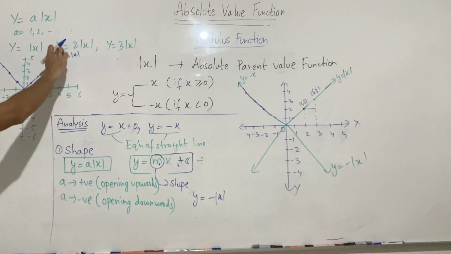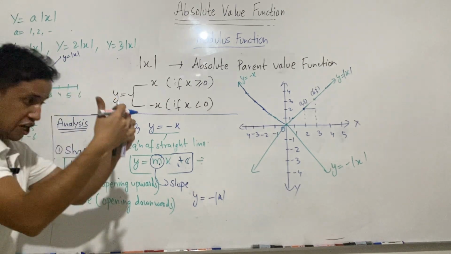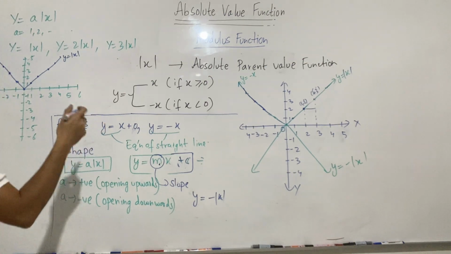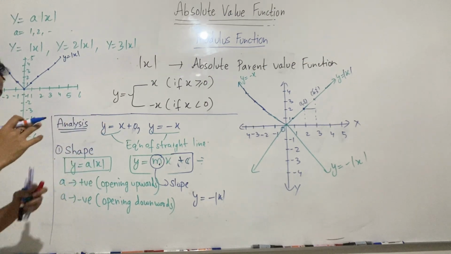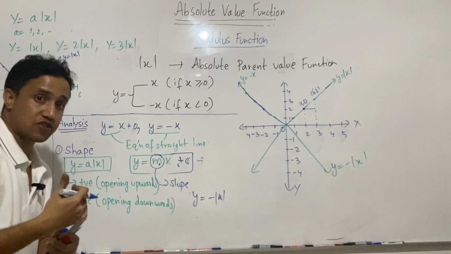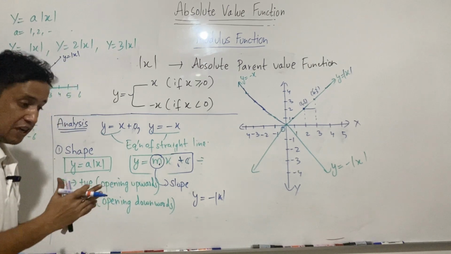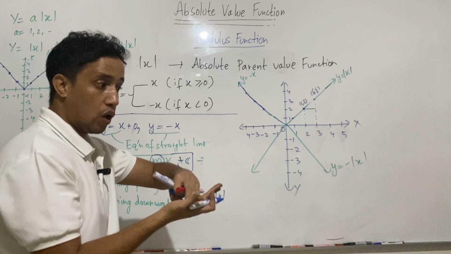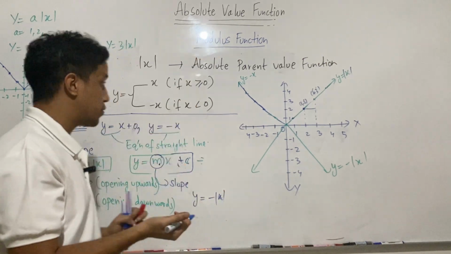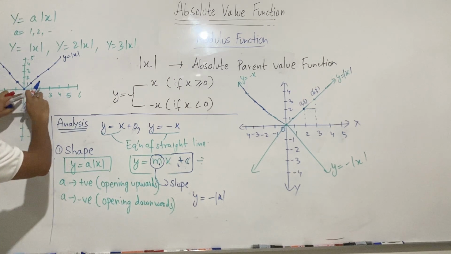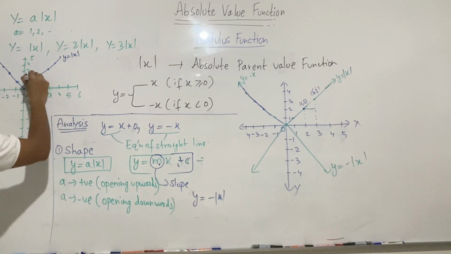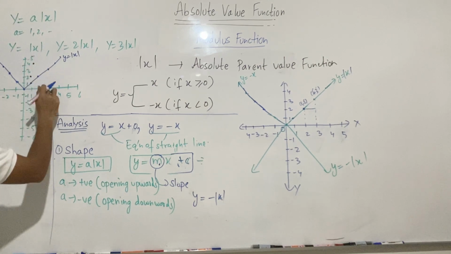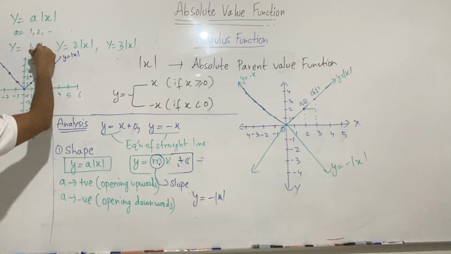Now here I have changed, sorry, here the slope is 2. Slope is 2 means that y is changing twice as fast as x. Means if you take one step towards your right, y will go 2 units up, right? So for 1, y is going to be 2. For 2, y is going to be 4. For 3, y is going to be 6, somewhere here.